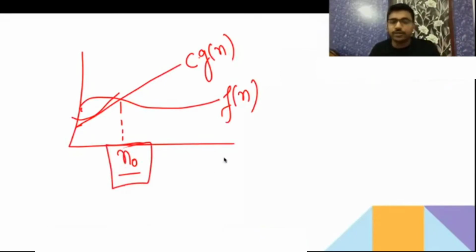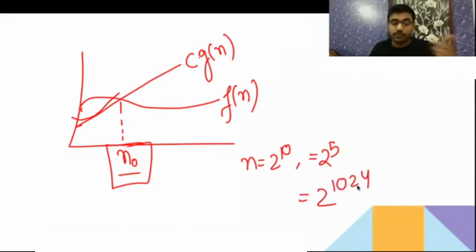So don't check for n equal to 2 to the power 10 or 2 to the power 5 or like this. Always take 2 to the power 1024. It's a very big number. If you want some even bigger number, then take 2 to the power 64, like this. Take a bigger number, then compare.